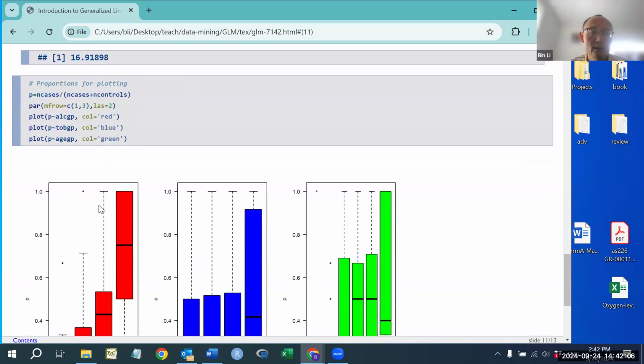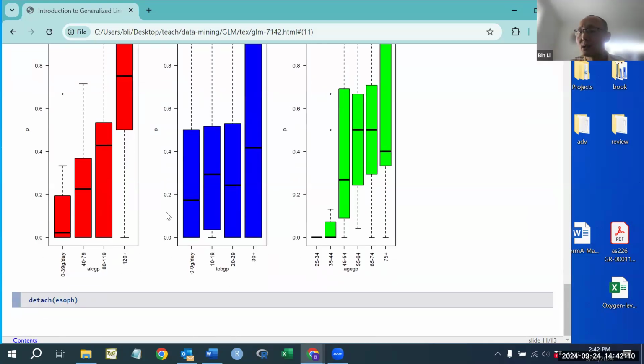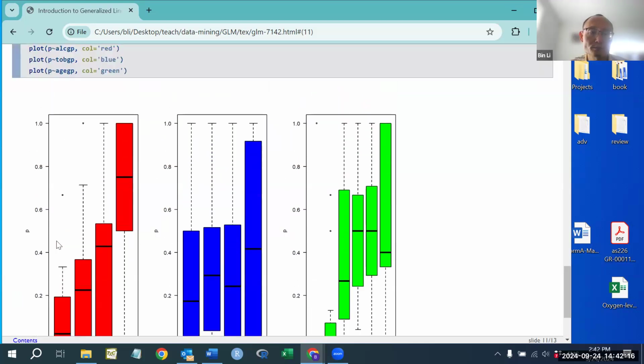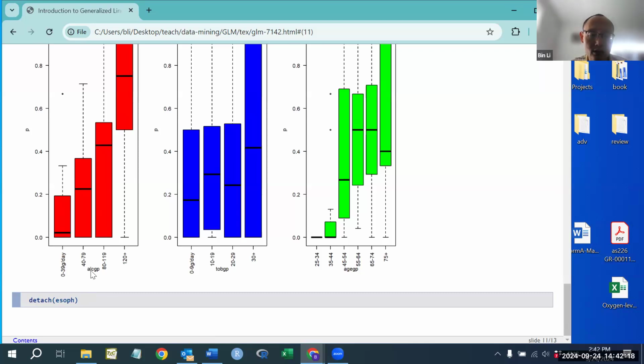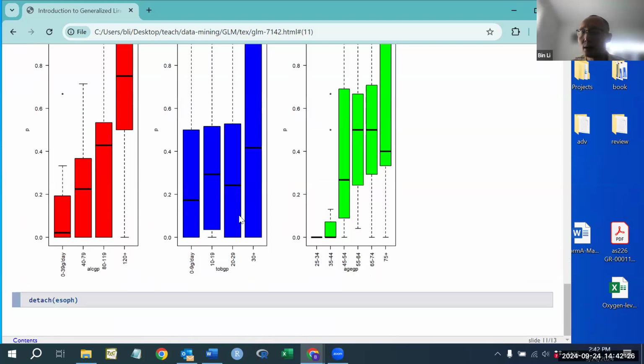And this just shows some side-by-side box plots in terms of the alcohol consumption, tobacco consumption, and age groups for the probabilities of getting the cancers.